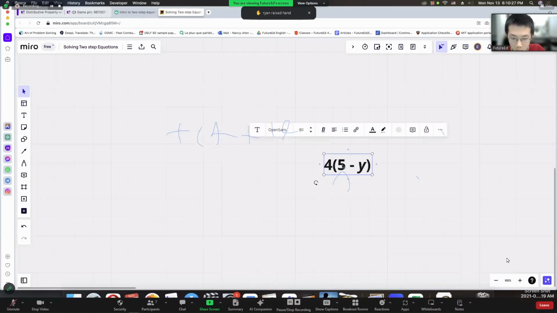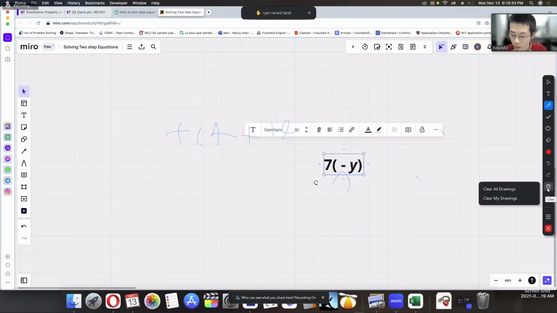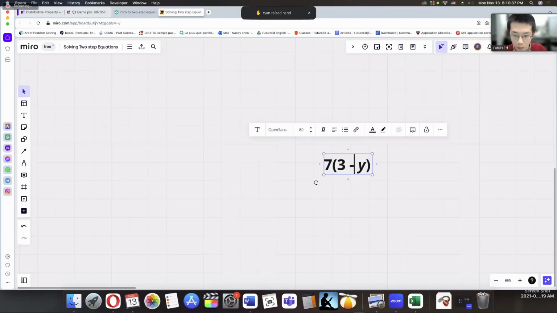Garrus, do you mind erasing some of the things you drew on the screen, please? Okay, thank you. Let's try 7 times 3 plus x minus y. How would you distribute this?